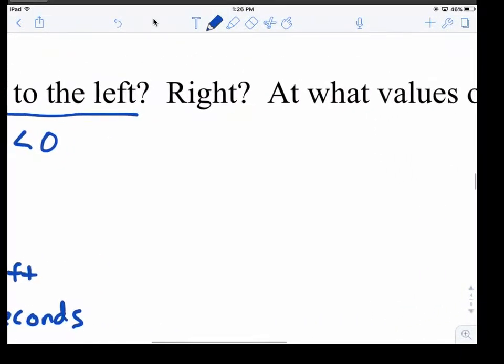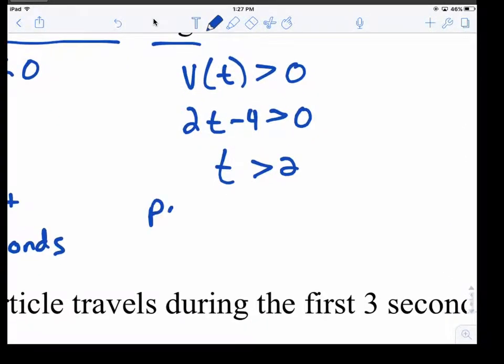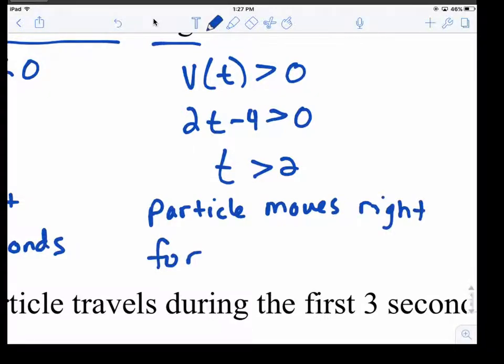And then when it asks you when is the particle moving to the right, that is when your velocity is positive. So 2t minus 4 is greater than 0, so t has to be greater than 2. So the particle moves right for t greater than 2 seconds.